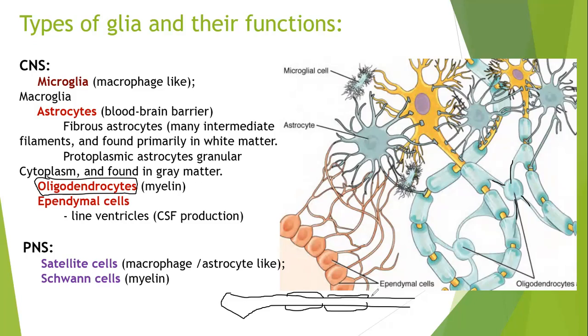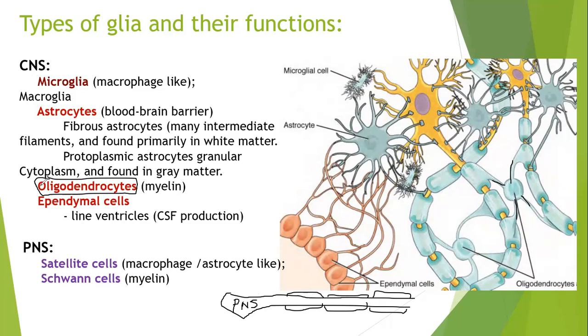So you find that one axon in the PNS is myelinated by numerous Schwann cells, and they all lie in series, and then they form a continuous myelin sheath. This is in the PNS, okay? So in the PNS, multiple Schwann cells form a myelin sheath along a single axon.